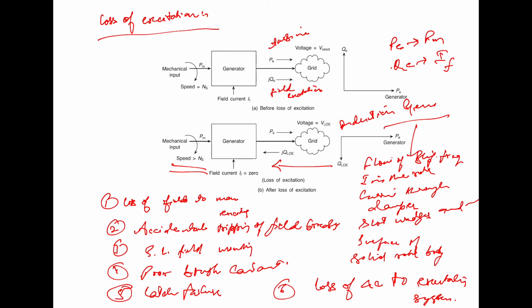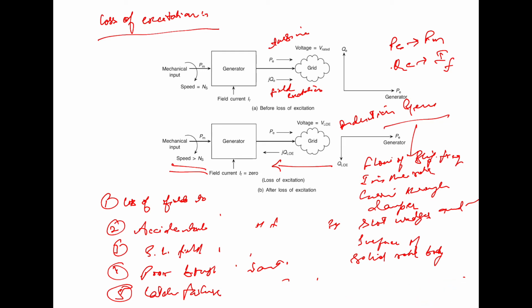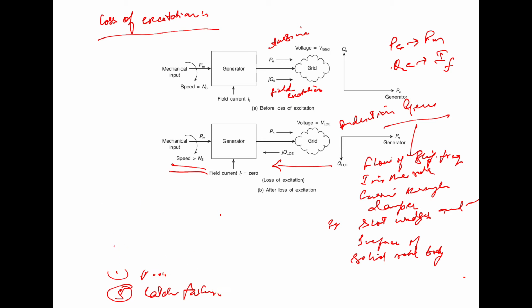Now there are two possibilities that arise out of that. We can discuss that. It starts running as an induction generator, and either the grid will be able to meet the reactive power requirement fully or partially.